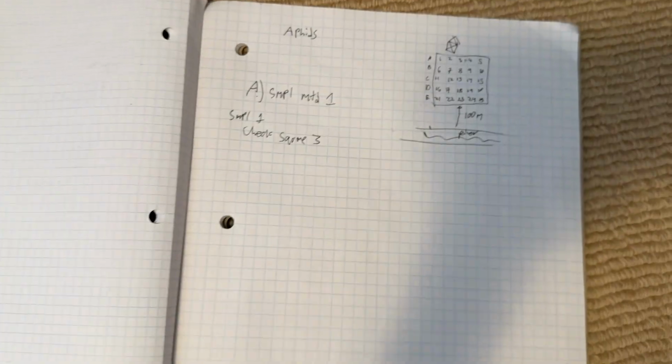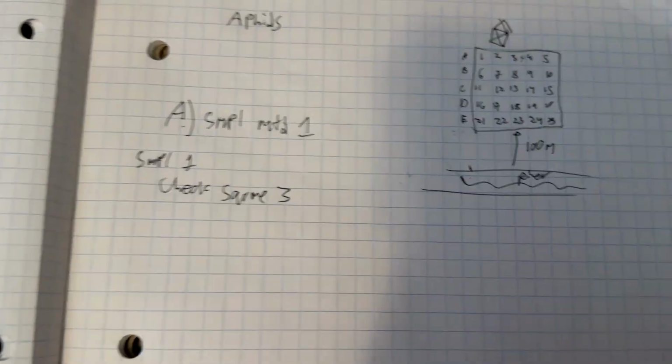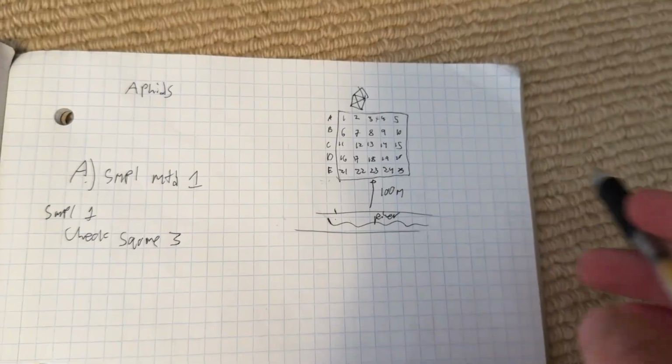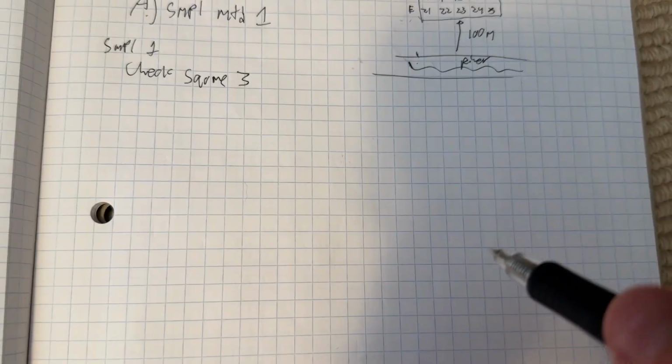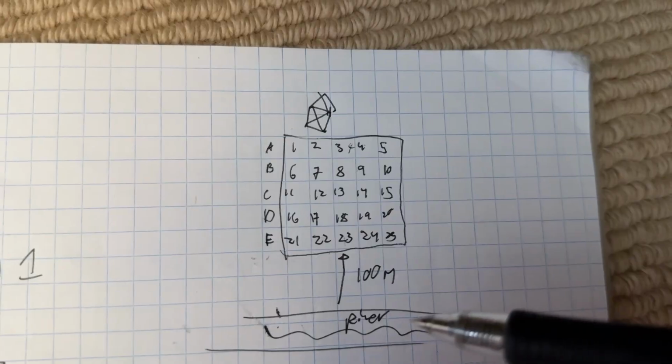And I can't tell you how stupid that is because you're only checking one square and not one of the rows or columns in a line. So the farmer is only going to check the aphids farthest away from the river.